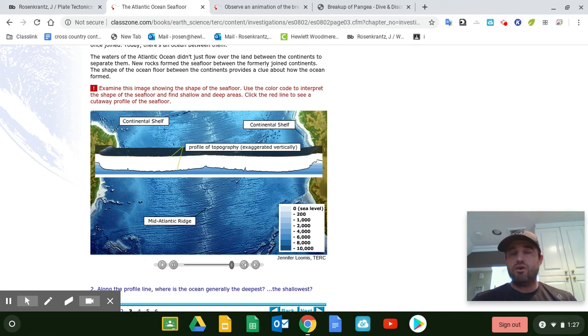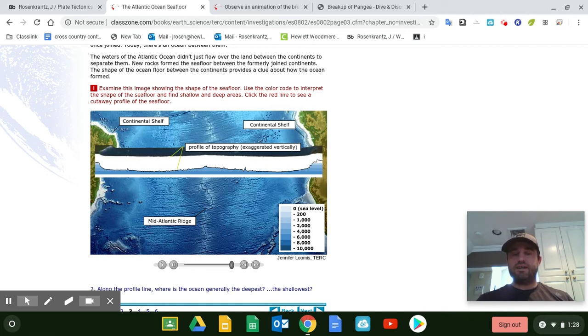The middle of every ocean actually has a mountain range, and we name the mountain range for whatever ocean it's in. So if it's in the Atlantic, here it is, the Mid-Atlantic Ridge. Instead of being called a ridge, sometimes it's called a rise. Since the Pacific Ocean is so big, there might be a Southeast Pacific Rise or a West Pacific Rise or ridge.